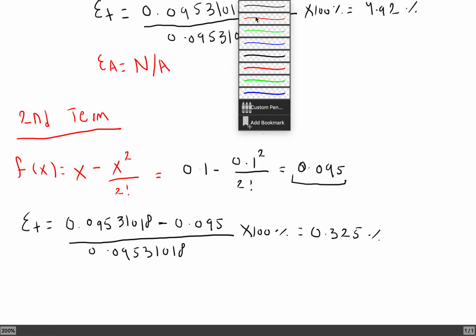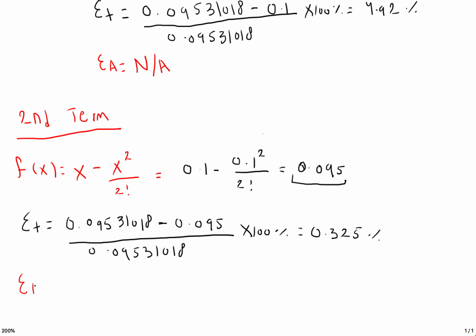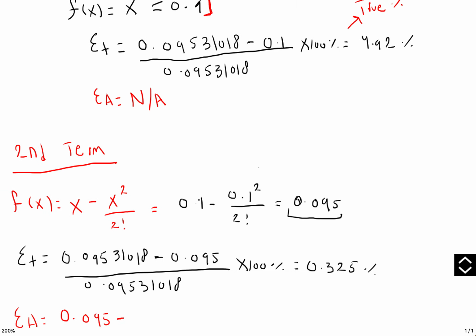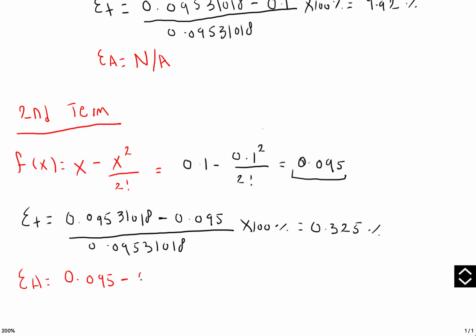Now we can find the relative approximation here. As I mentioned, you use the term you're on, which is 0.095, and then you subtract the previous term you calculated. The previous term you calculated was 0.1 using only one term.